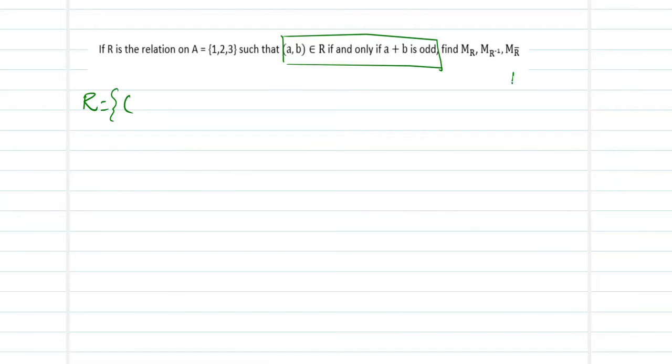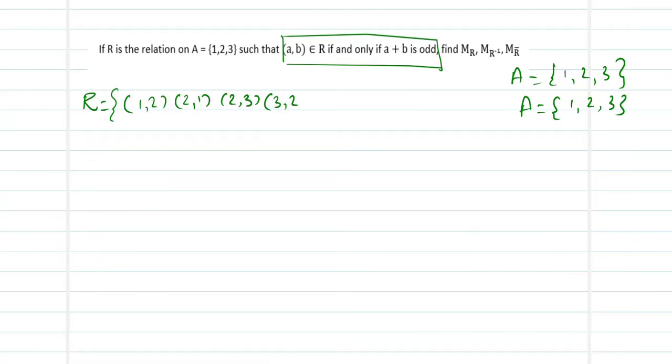It is from A, which is {1, 2, 3}, to the set A itself, {1, 2, 3}. So (1, 2) is odd, and next (1, 3) will be 4, (2, 1) will be an odd number, (2, 3) will be an odd number, (3, 2) will be an odd number, and that's it.